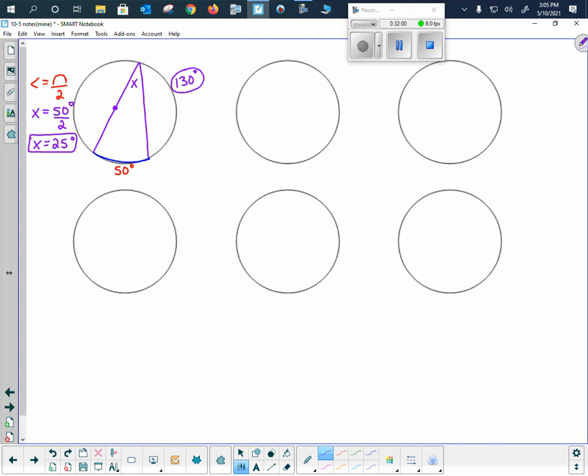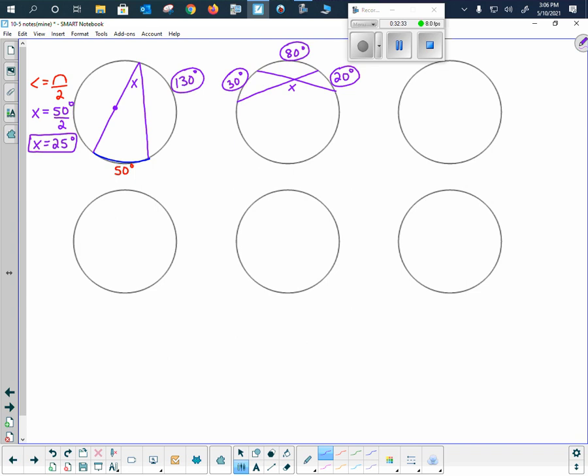Okay, next picture. Let's go with this, and we will give you 30 degrees here, 20 degrees here, 80 degrees here, and x there.